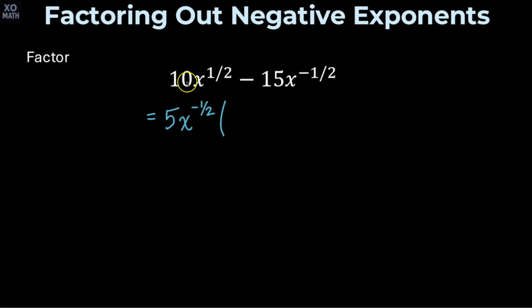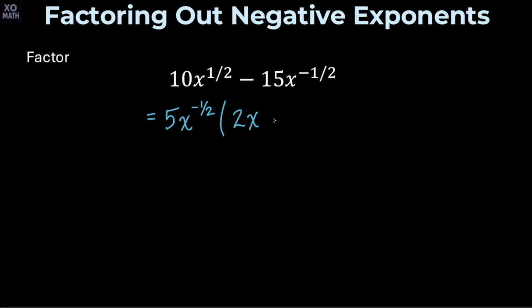and then let's see what's left over. So if I divide 5 from 10, I'm going to have 2 left over, and then I'm going to have x to the 1/2 minus negative 1/2. So remember, we're going to subtract from this exponent. 1/2 minus negative 1/2. Well, that's actually really nice. 1/2 plus 1/2 is just 1. So I really just have 2x left over.